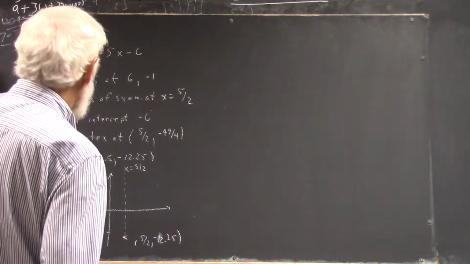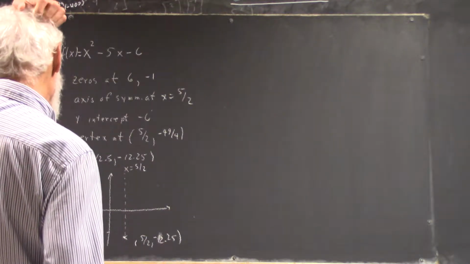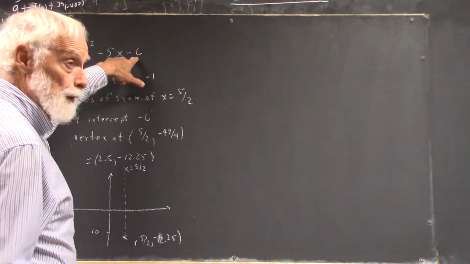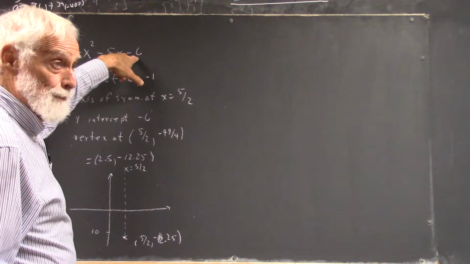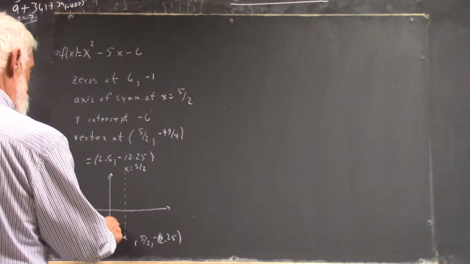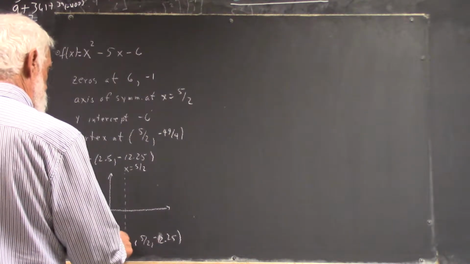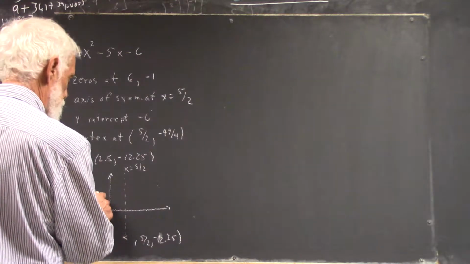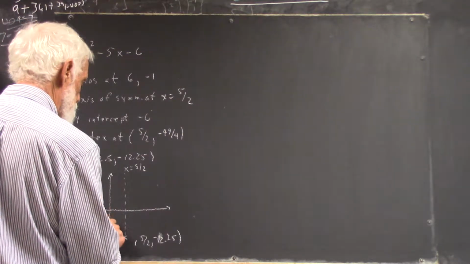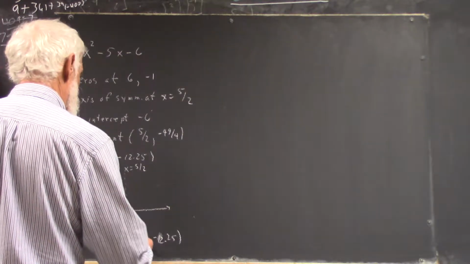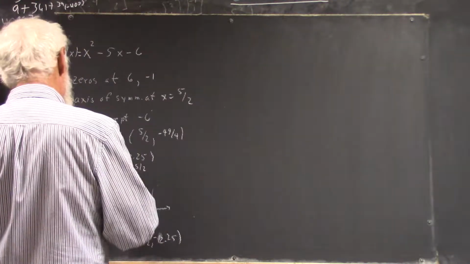Okay, and our y-intercept is at negative 6, right? So we're going to have a y-intercept here. Then we pretty much know what our graph looks like. It goes down here and then back up here.